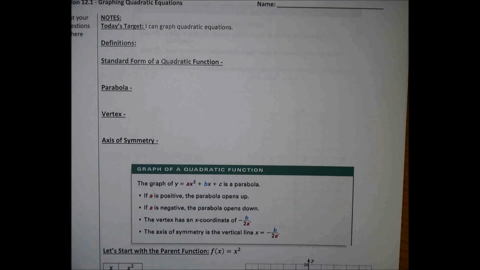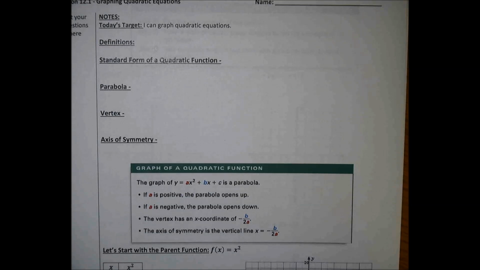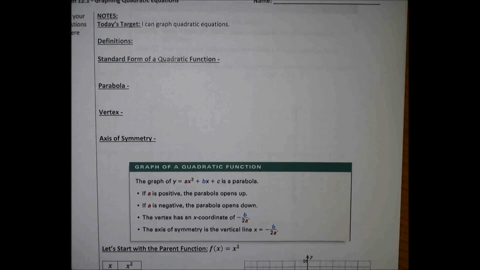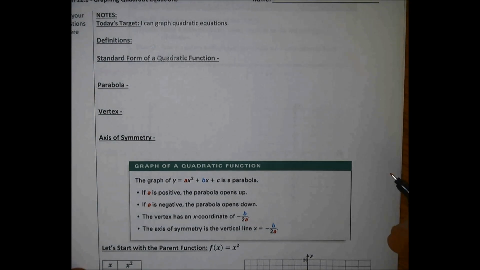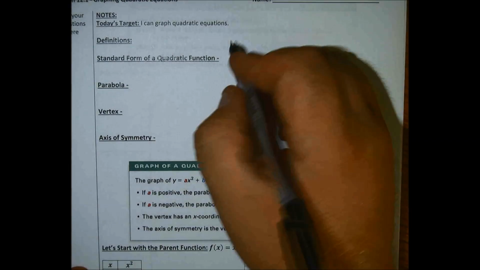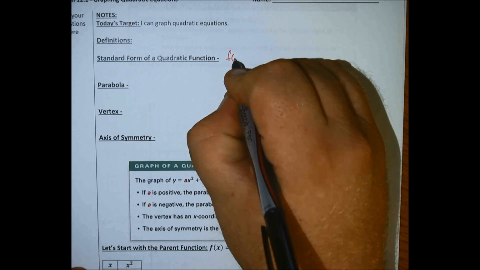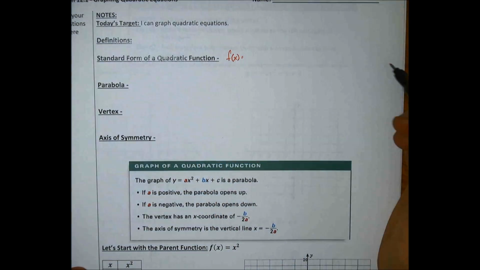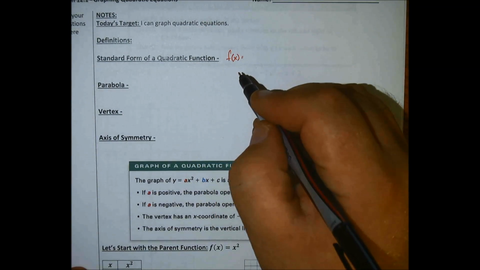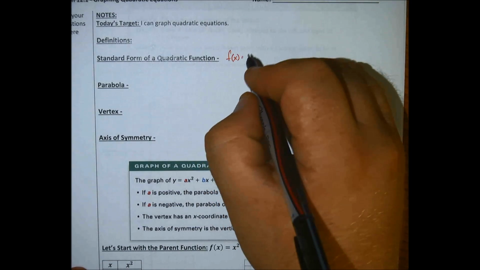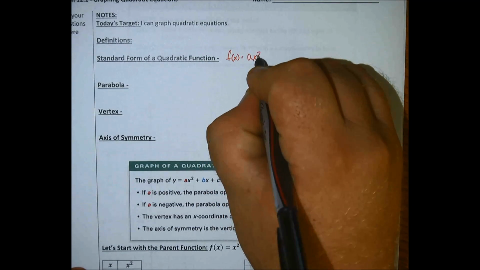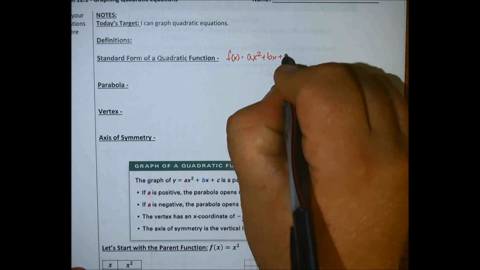So a standard form of a quadratic function or quadratic equation, we're going to use those two words in unison. They mean the same thing for all intents and purposes. So standard form is just like when we worked with polynomials, but the only difference is that we have this f of x, and what that f of x means is just that we have a function with x as our variable, and we're going to have ax squared plus bx plus c.